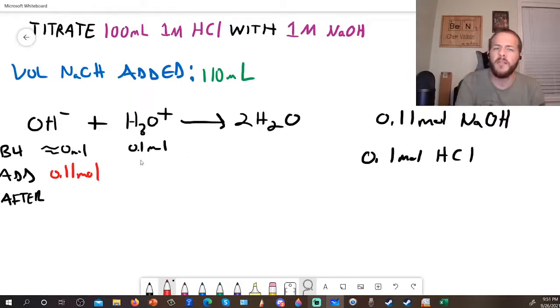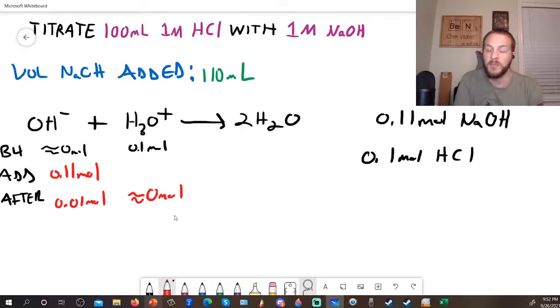So all of our hydronium ion is going to be neutralized, and we end up with approximately 0 moles of hydronium, right? So how much hydroxide do we end up with? It's 0.11 moles minus 0.1 mole, which is 0.01 moles of hydroxide ion, and virtually no hydronium ion, right?